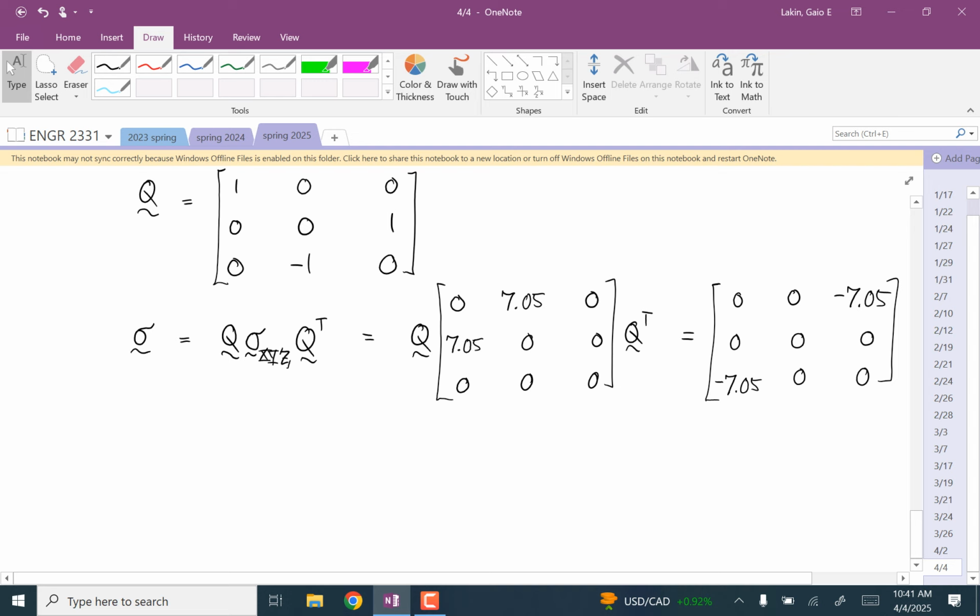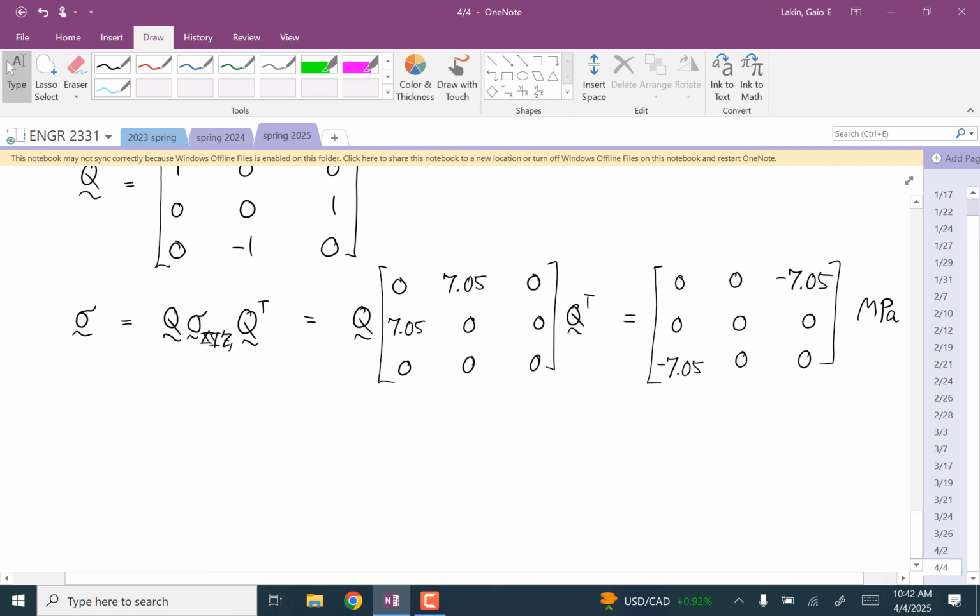One thing that's really easy to do is forget to multiply by that second matrix transpose. There's an easy way to catch that. You almost never get a symmetric matrix out if you forget that. Remember, stress tensors always have to be symmetric matrices.